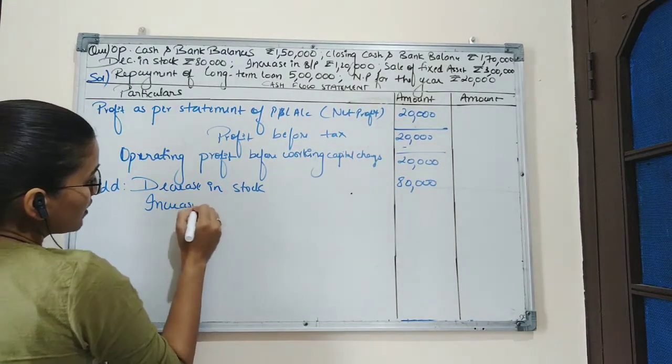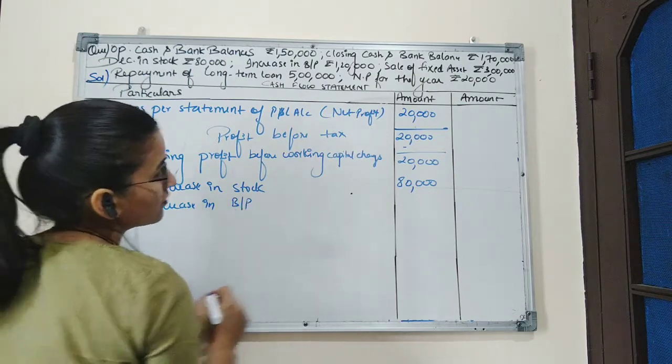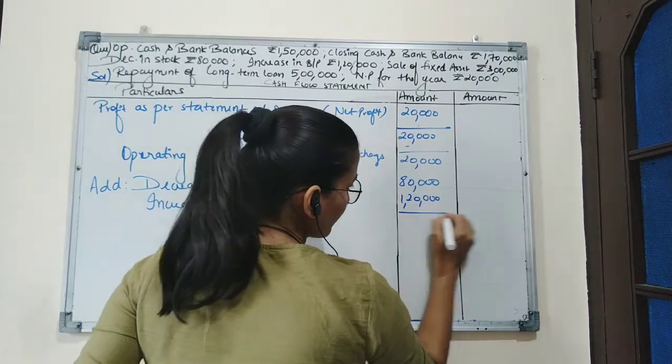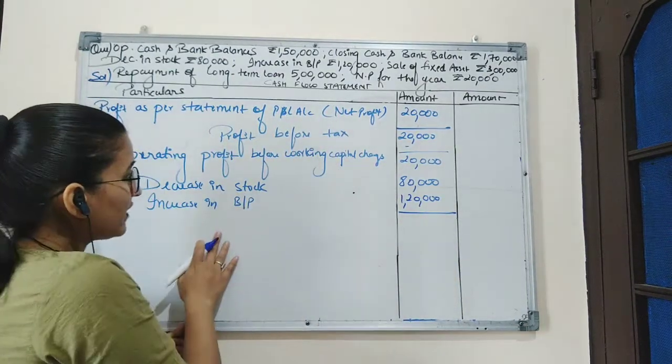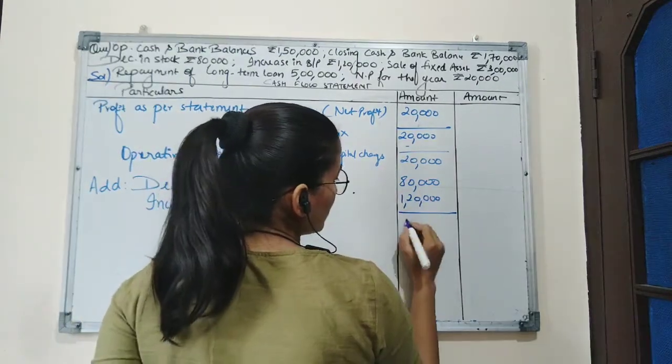So we will write increase in bills payable, amount is 1,20,000.